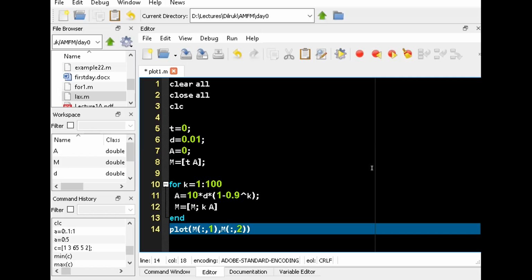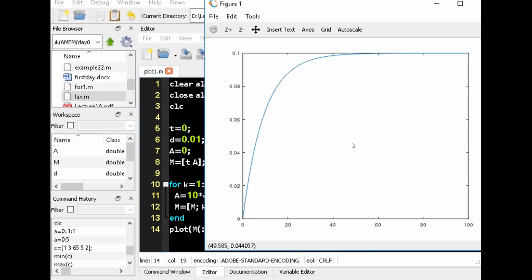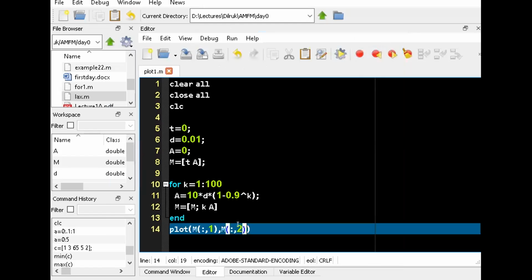All right, let's run this. I want to see it in dots. I will change the style. How do you change the style? Let's change the style to circles or dots.